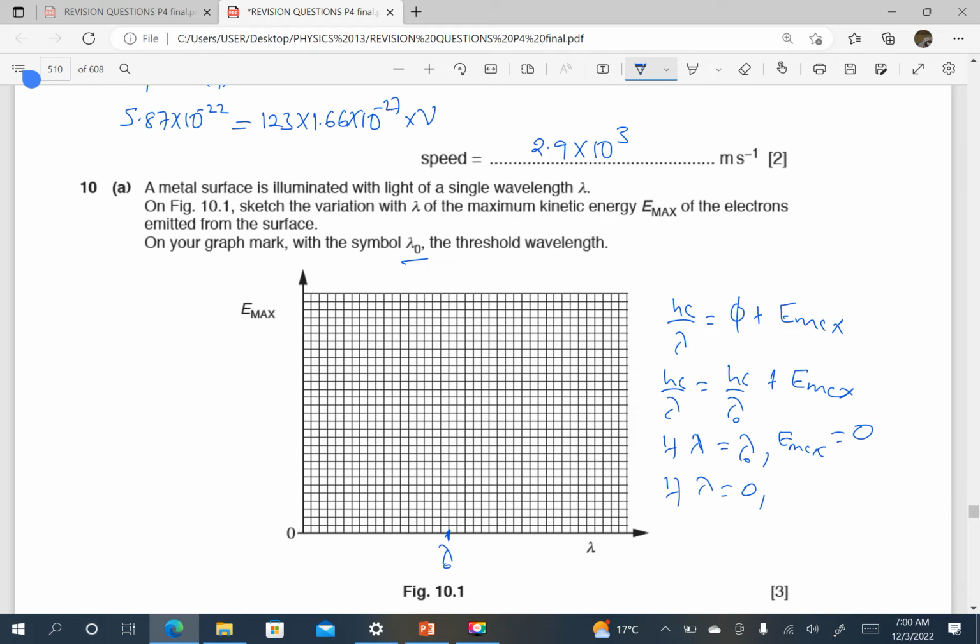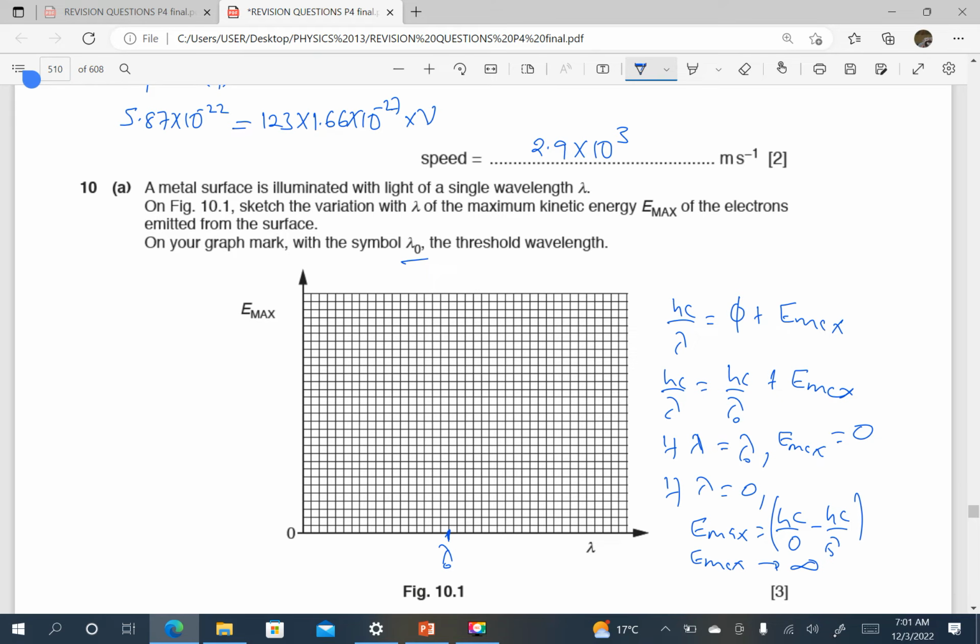As lambda tends to 0, what happens to Emax? Emax is going to be hc over lambda, which is 0, minus hc over lambda naught. As lambda tends to 0, this quantity becomes infinite. So Emax is going to be tending to infinity. In other words, the graph does not touch the y-axis. So I'm going to draw a curve which does not touch the y-axis because it tends to infinity.